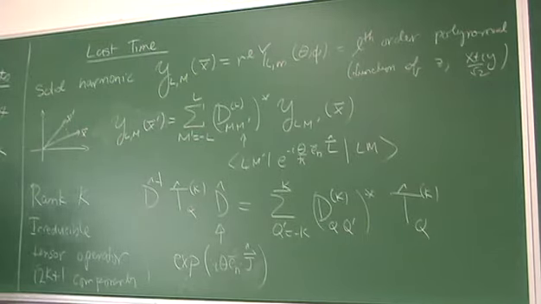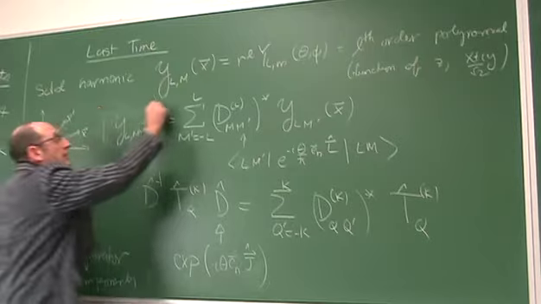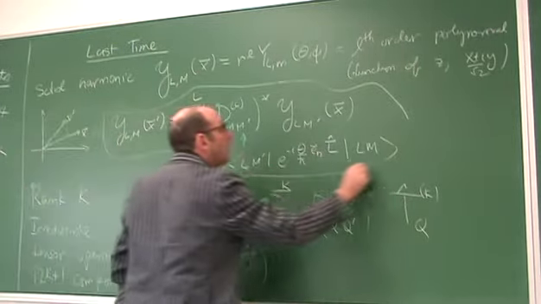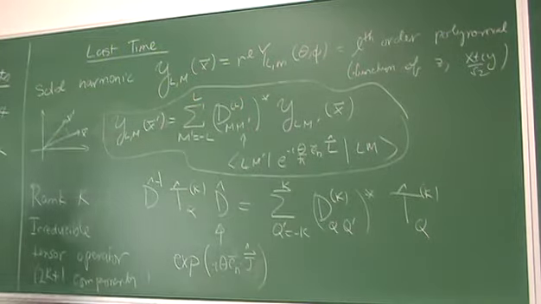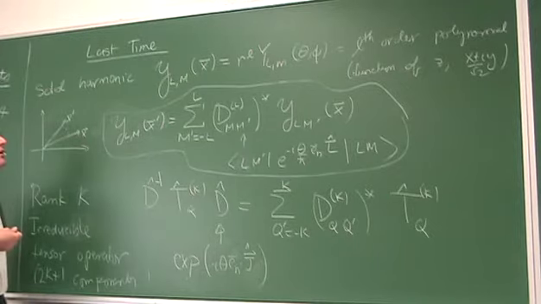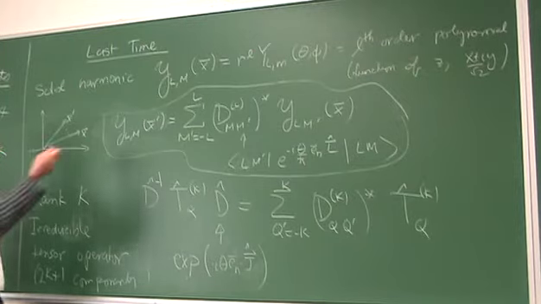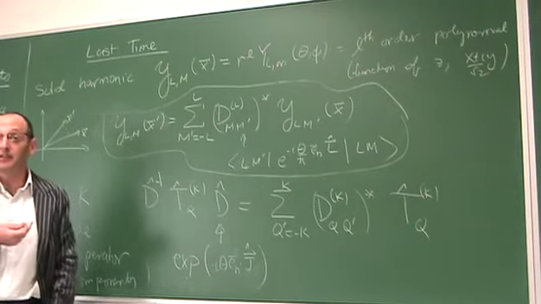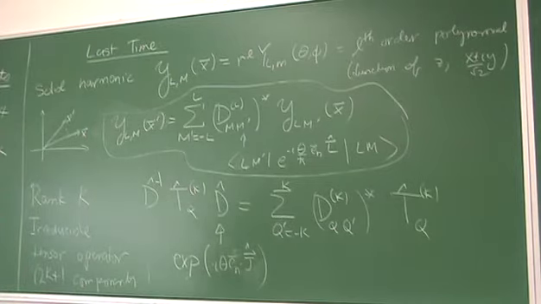So from this defining relationship of how the solid harmonics transform, we define an irreducible tensor in the spherical basis to be objects that transform this way, and then irreducible tensor operators to be a collection of operators.